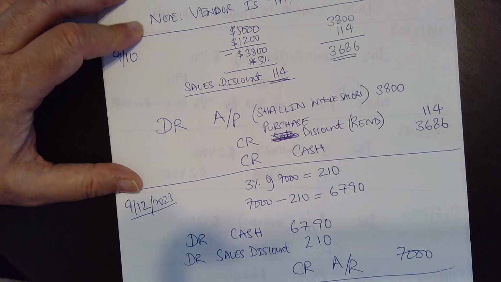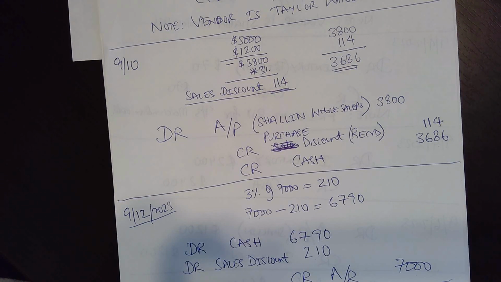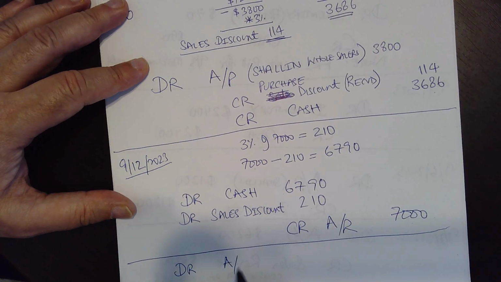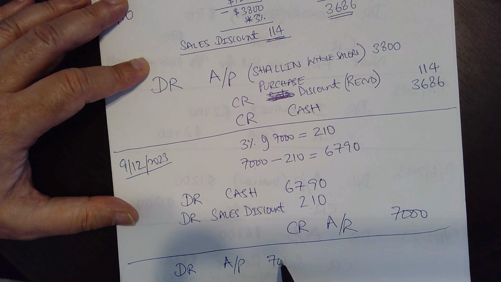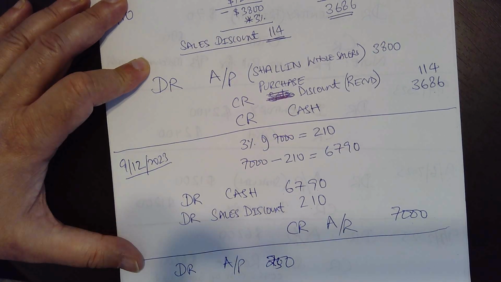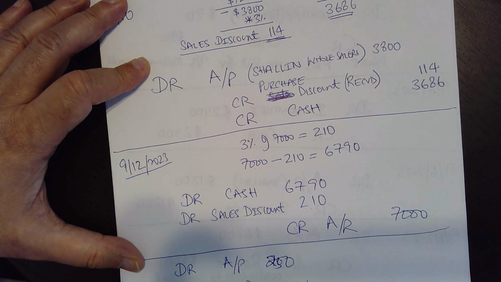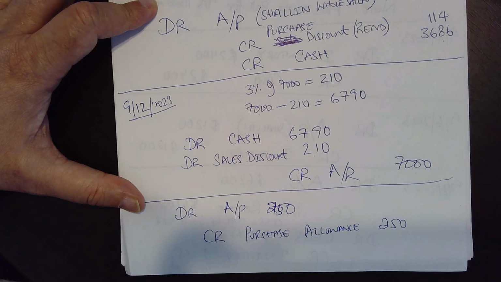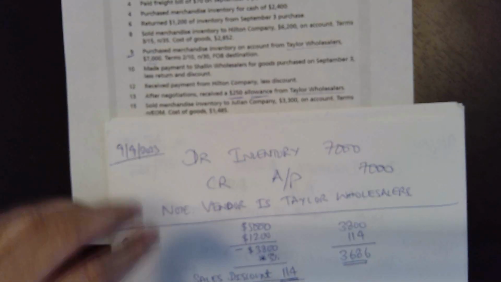So we're going to say debit accounts payable for $250, and we're going to credit purchase allowance for $250. That's all we have to do. Accounts payable $250, and purchase allowance $250. That we will be doing for this September 13 date.